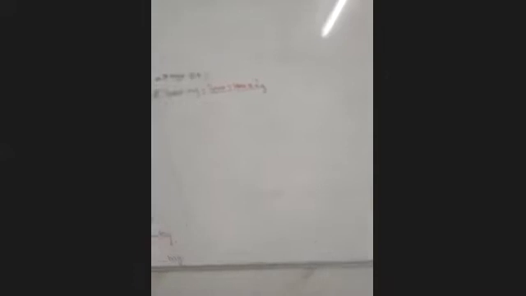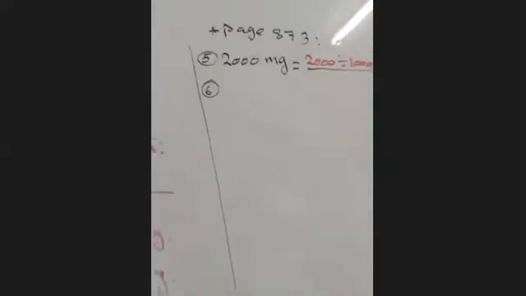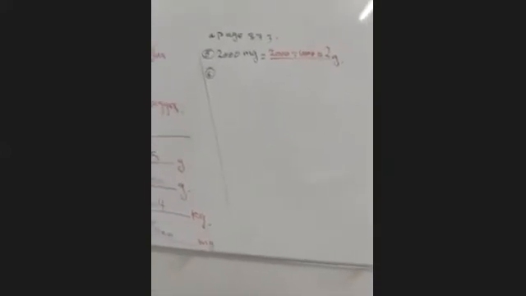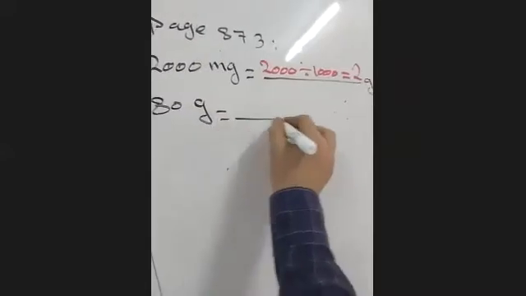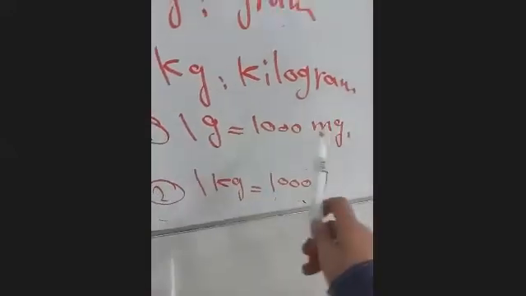Question 6, on page 873 we are, guys. Muhannad: 80 gram equals how many milligram? When I turn from gram to milligram, what will I do? Dividing by 1,000 is wrong.